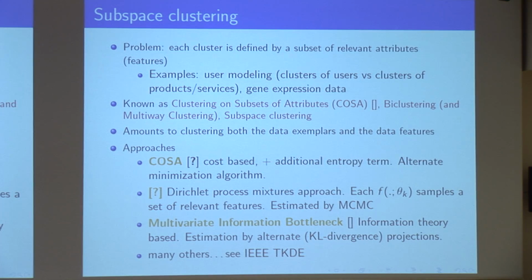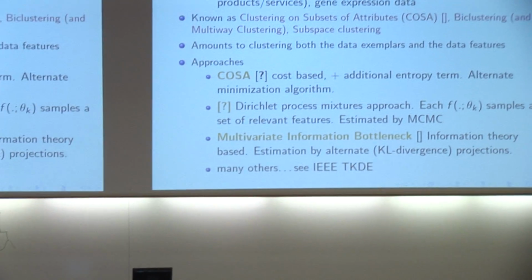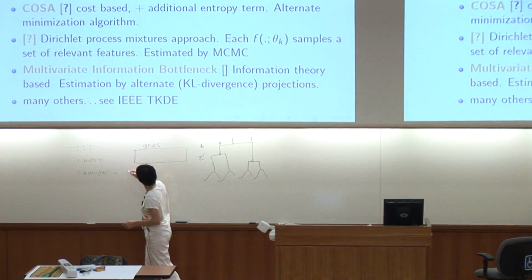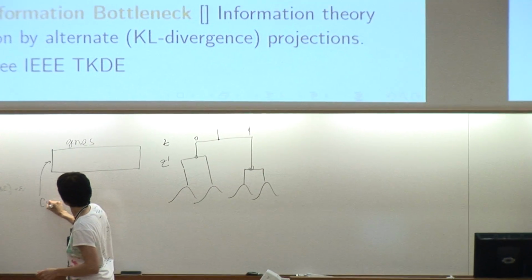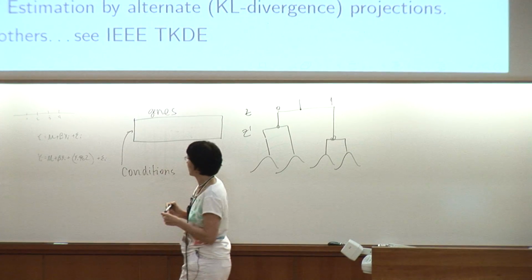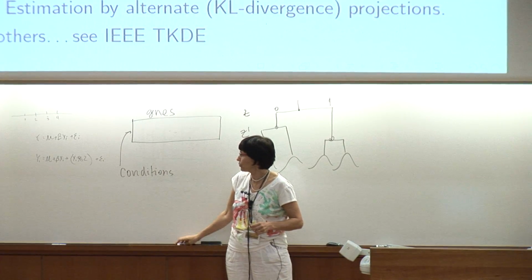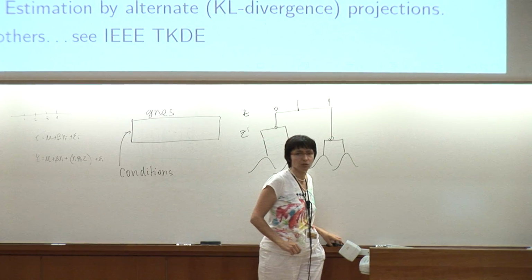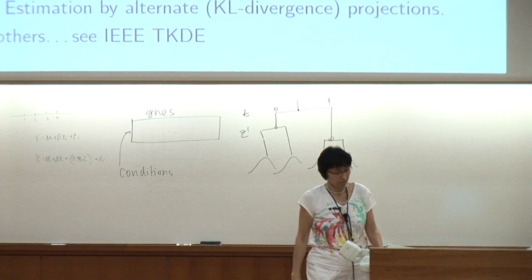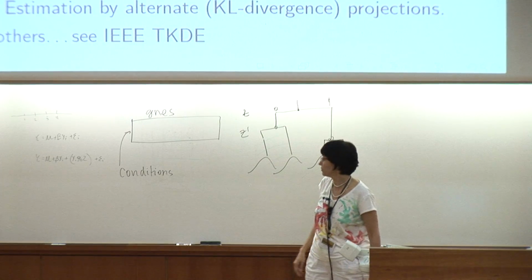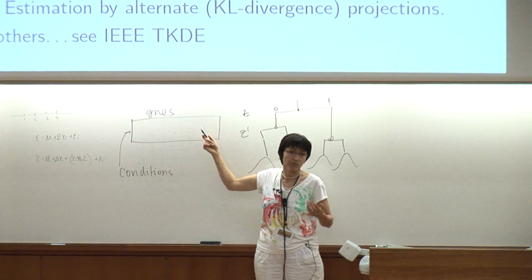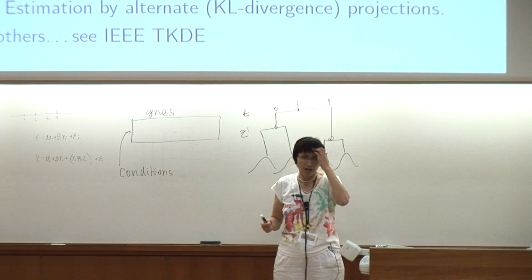So you get genes here and conditions here, and these can refer to, let's say, patients that have been analyzed and what genes have been expressed for this particular patient.